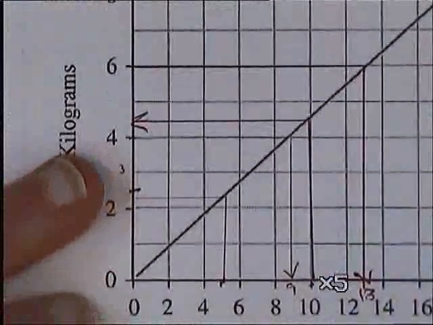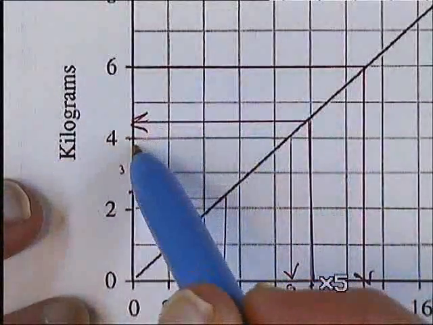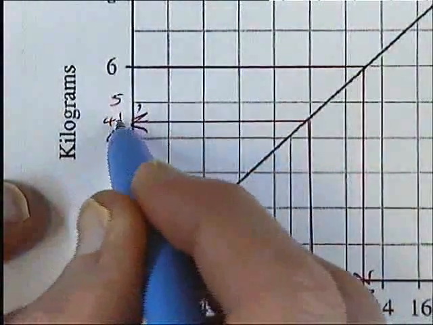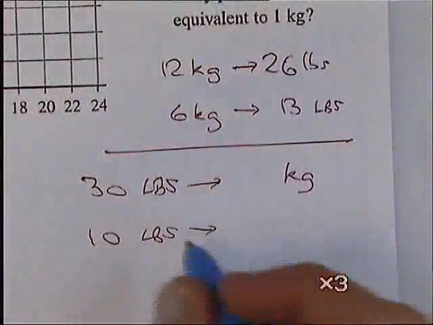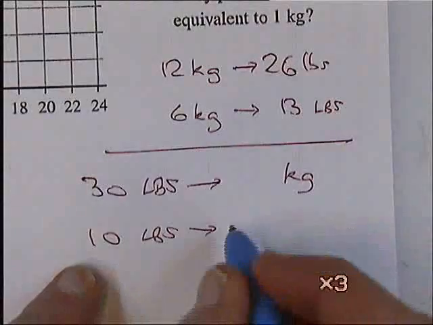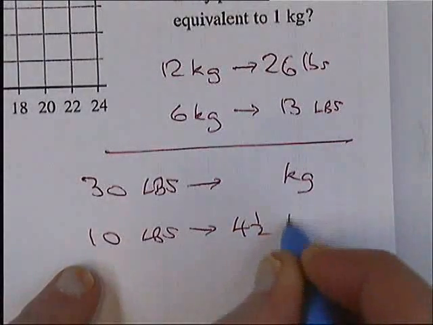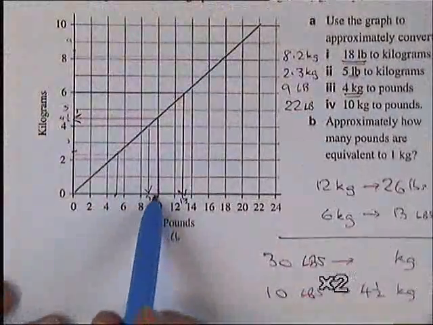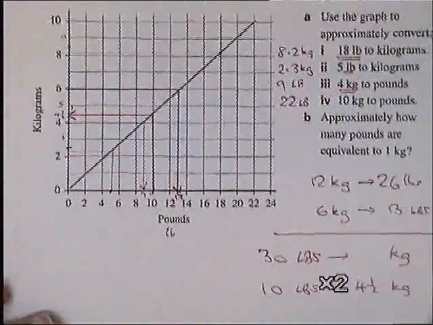So up from 10 to here, that's 4, that point there is 5, so this is about 4.5. I now know that 10 pounds is 4.5 kilograms. So I worked out from here, 10 pounds, 4.5 kilograms.